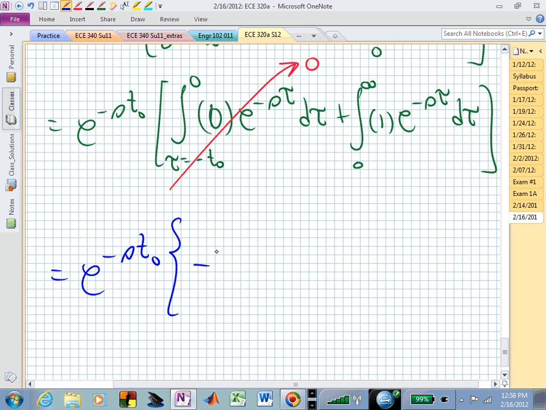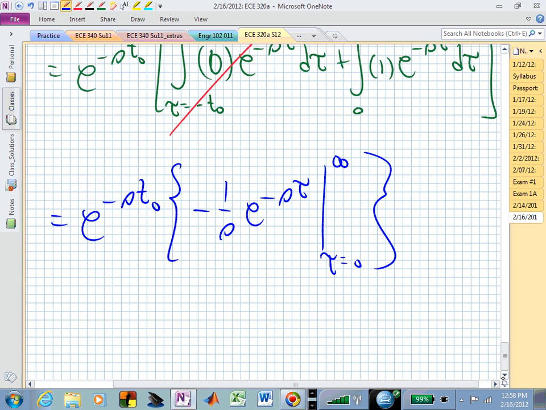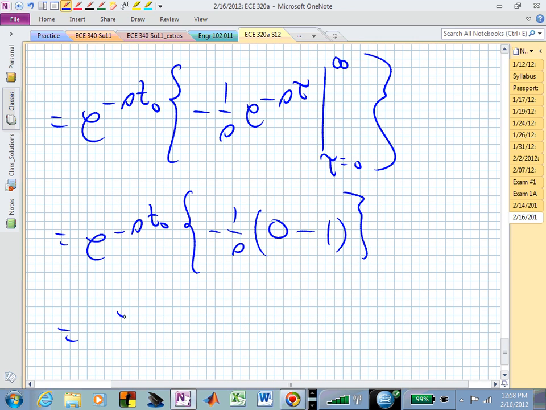This is now minus 1 over s e to the minus s tau from tau equals 0 to infinity, times e to the minus s t naught. This is now the minus 1 over s times 0 minus 1. Or this is now e to the minus s t naught over s.